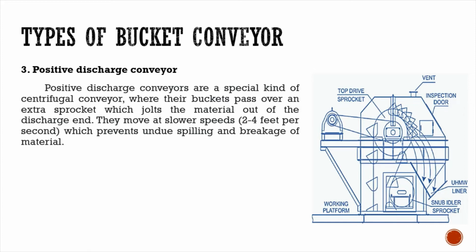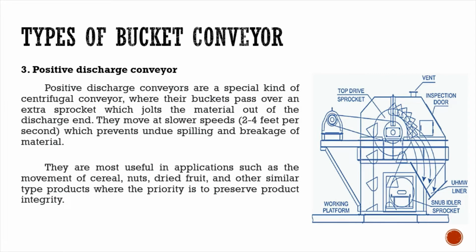The bucket design of these conveyors is unique to each manufacturer and they are made larger to compensate for their slower speeds. They are most useful in applications such as the movement of cereal, nuts, dried fruit, and other similar products where the priority is to preserve product integrity.